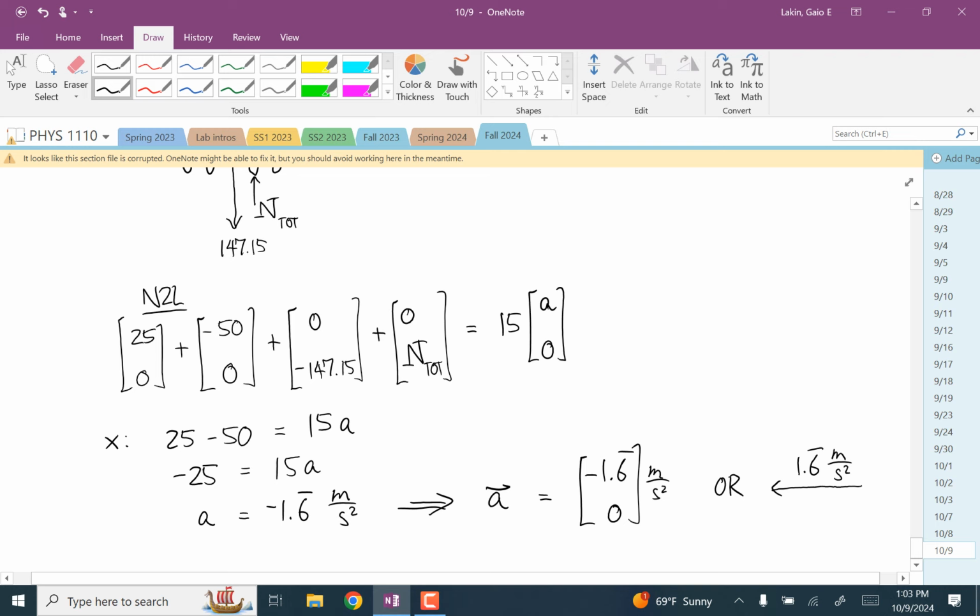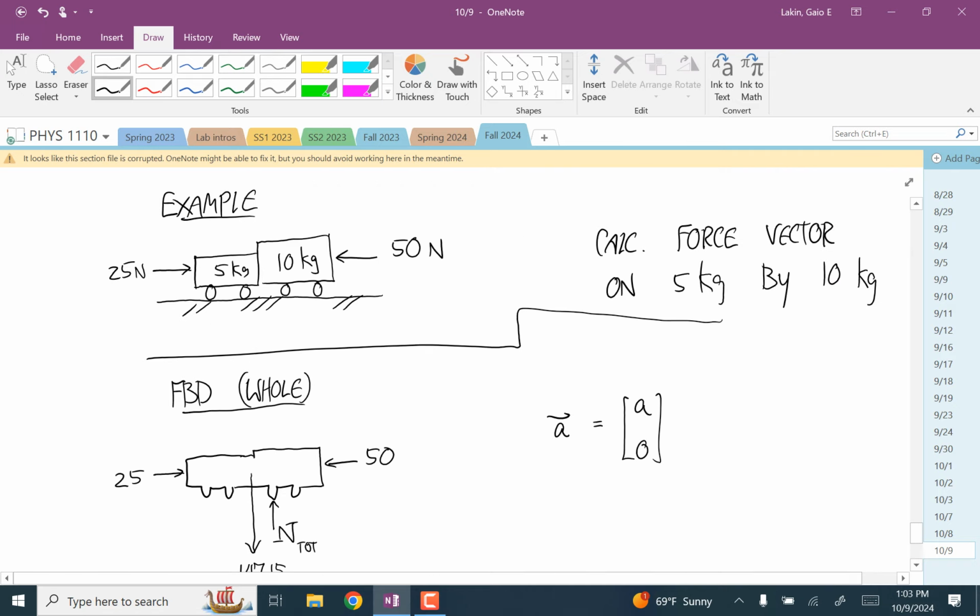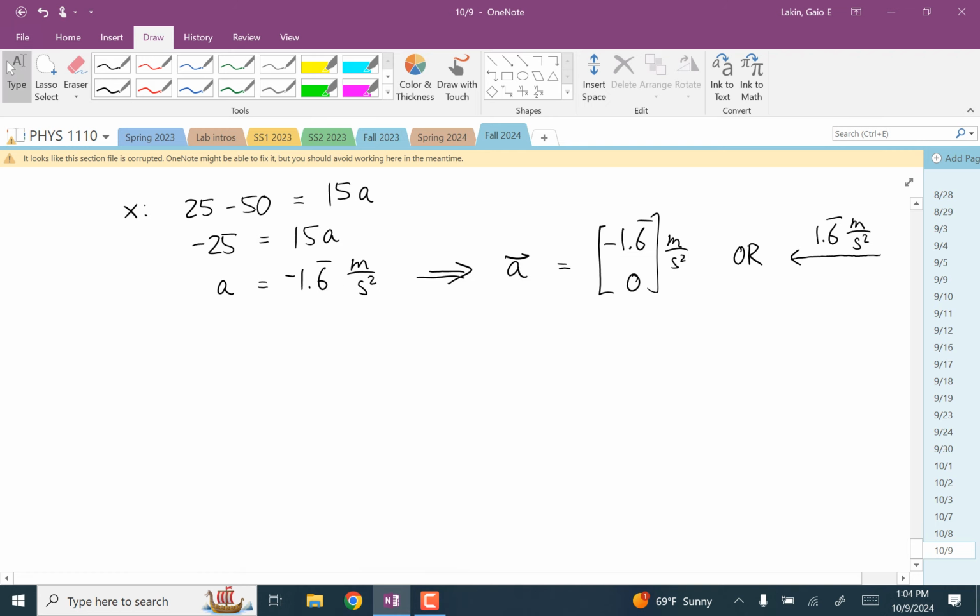Okay, so we solved for something that we weren't even asked for, but we're going to need that to solve for the force on the 5 by the 10. Since we're asked for the force on the 5, we might as well isolate the 5, because that's directly the forces that we're going to be able to calculate.